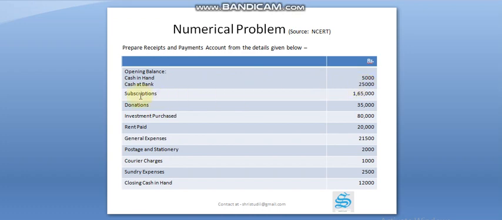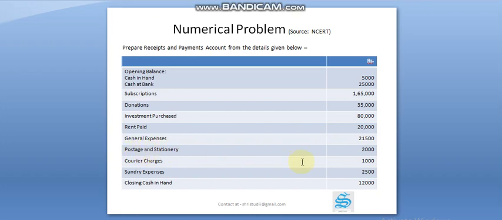The subscriptions amount to 1,65,000. Donations received are of rupees 35,000. Investments of rupees 80,000 have been purchased. Rent paid is of rupees 20,000. The general or miscellaneous expenses are of 21,500.